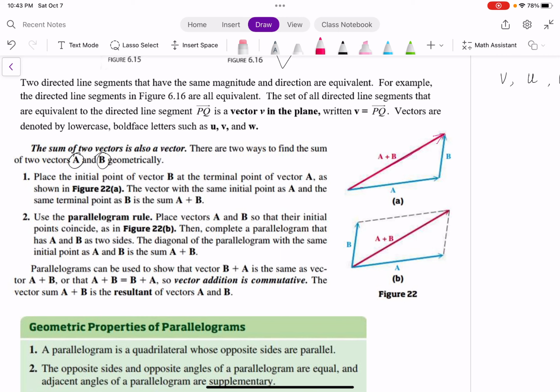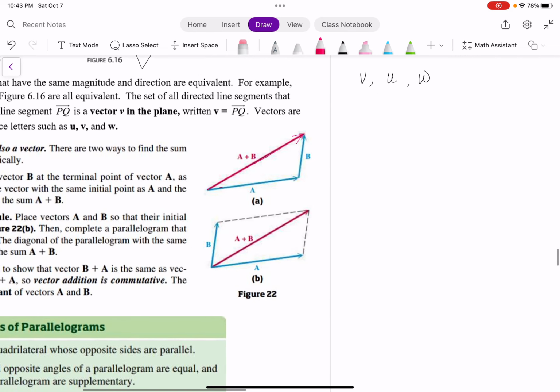For example, now I have a segment A. I have a segment B, for example. It's like this, B. So I can move the B parallelly to here. You see, this is the head, this is the tail.